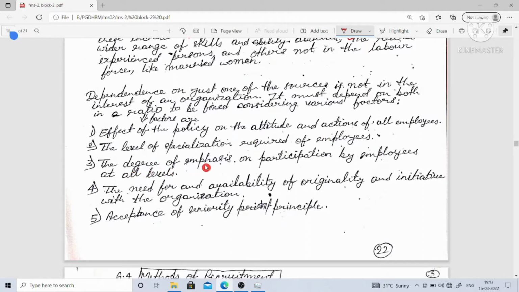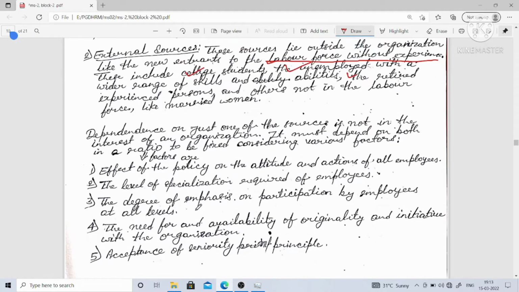Third, the degree of emphasis on participation by employees at all levels. Fourth, the need for and availability of originality and initiative within the organization. Fifth, acceptance of the seniority principle. So these are the factors which the organization should consider when it fixes the ratio between the external and the internal source of manpower.